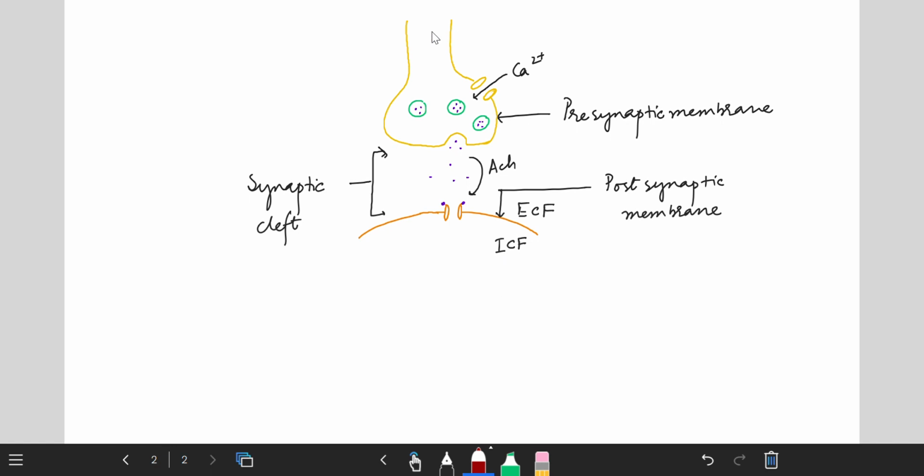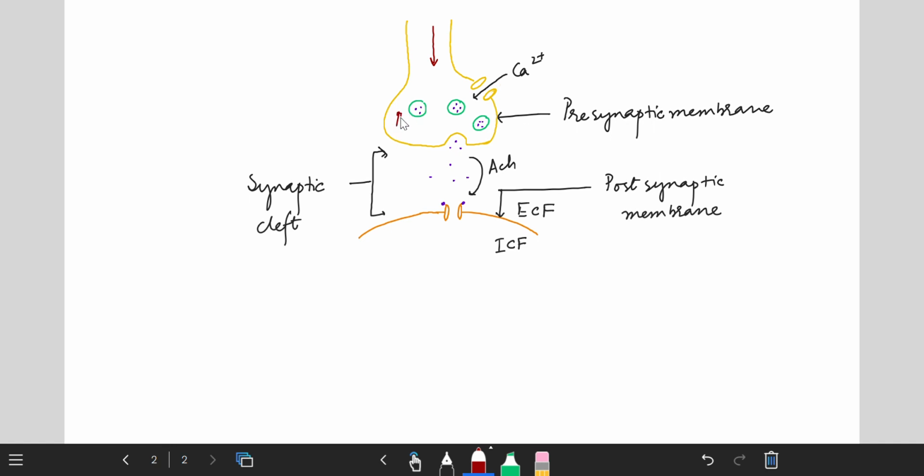Now, when an action potential, AP, travels down this motor neuron, what does it cause? It causes a change in the presynaptic membrane potential. What kind of change? It causes depolarization, which results in opening of the calcium ion channel gates, which results in influx of calcium ions.